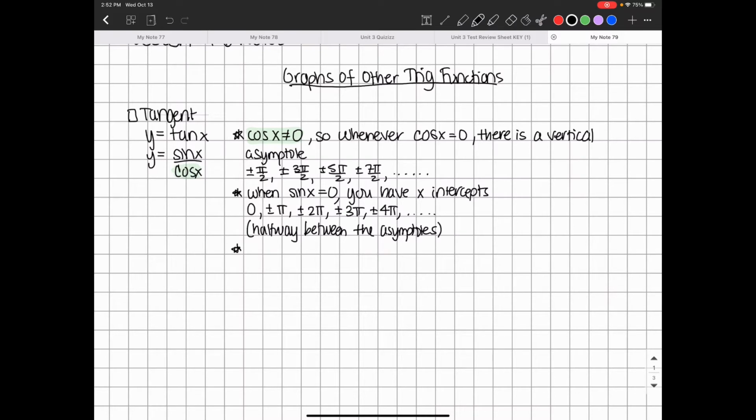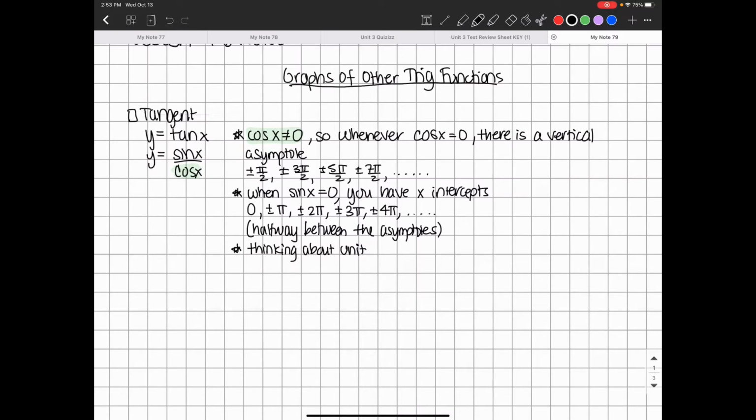The other thing I want to think about is the unit circle for the parent function. I know that the amplitude is 1 because it's based off of the unit circle, whose radius is 1.